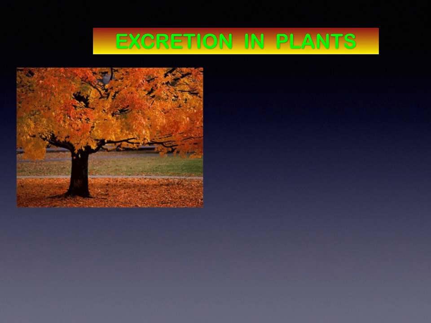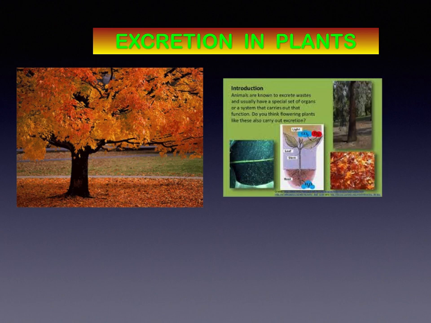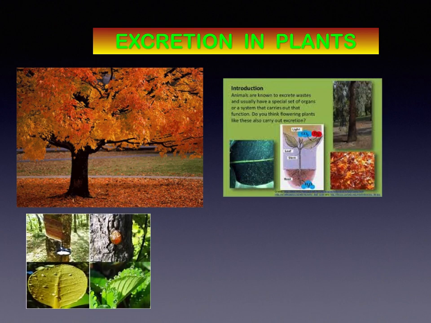Some other waste materials are stored in old and worn xylem in the form of resin and gum. Some waste materials are also given out to the roots into the surrounding soil.